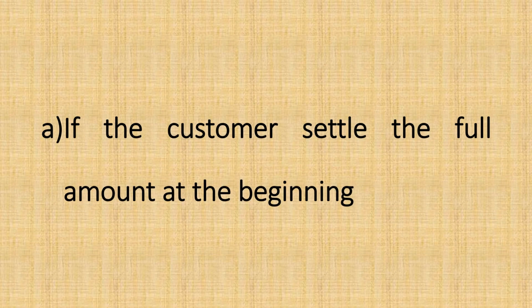Now let's focus on part A, which is if the customer settled the full amount at the beginning. Now we are going to record the journal entries for the year ended 31st December 2021. First, when we enter the transaction, the customer will pay money for the contract as a whole.